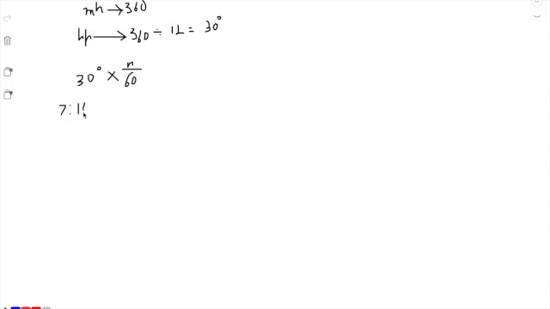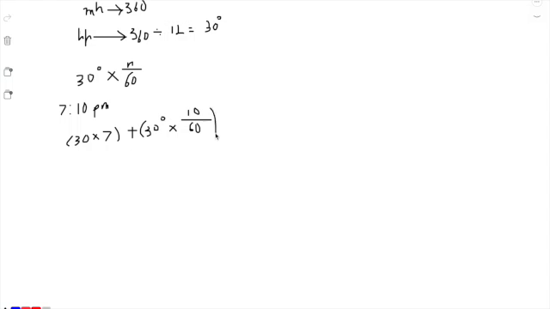Let's find the angle at 7:10 p.m., for example, the smaller angle. Now, first, we're just going to apply these relationships. So we're just going to multiply 30 by 7, because at 7 p.m. the hour hand will have moved 7 numbers starting at 12, and we're going to add that to the amount of minutes it's traveled by multiplying the 30 degrees by the fraction of minutes over 60, which is 10 over 60.